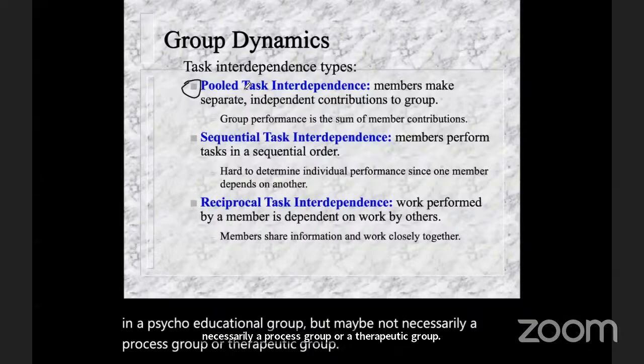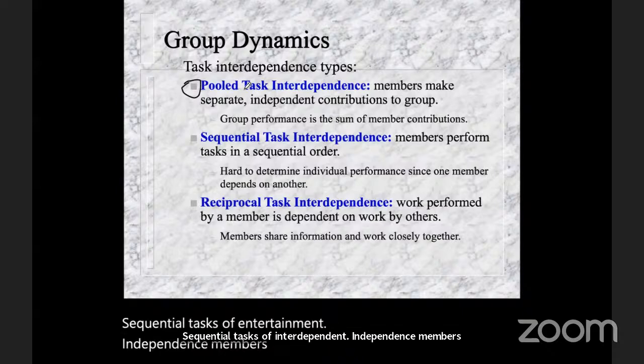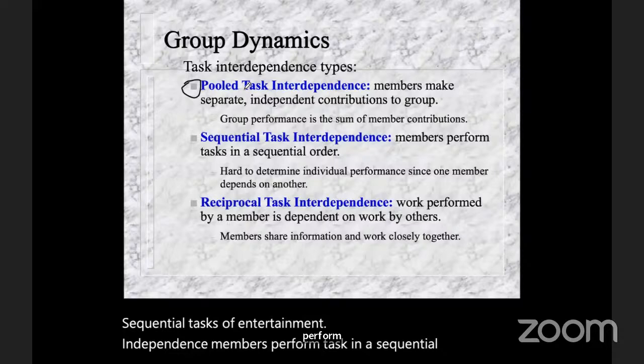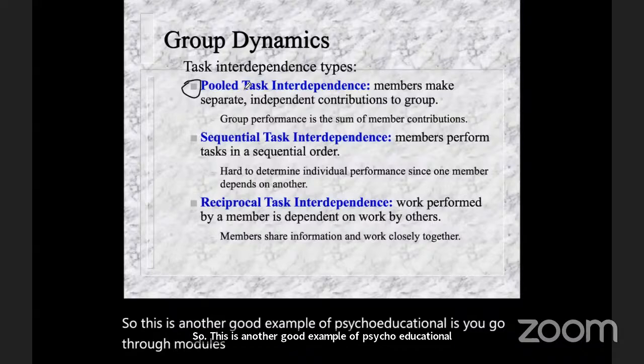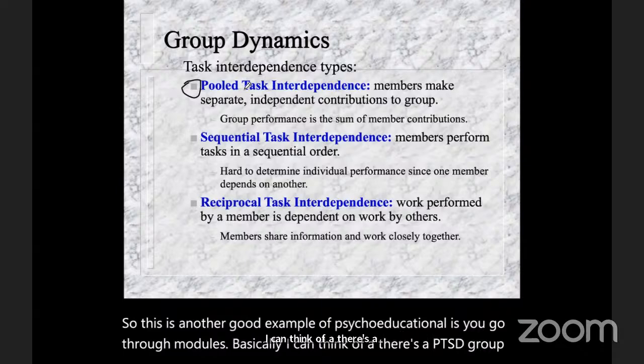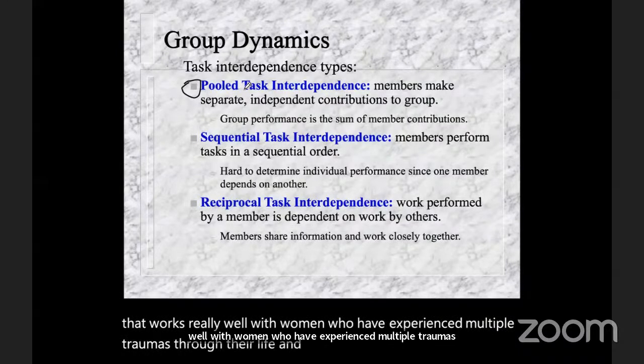Sequential task interdependence: members perform tasks in a sequential order. So this is another good example of psychoeducational, where you go through modules basically. I can think of a PTSD group that works really well with women who have experienced multiple traumas through their life, and it's called Seeking Safety.